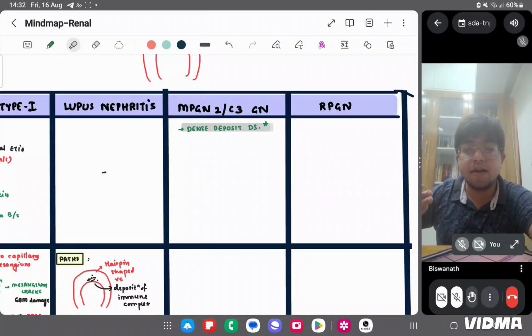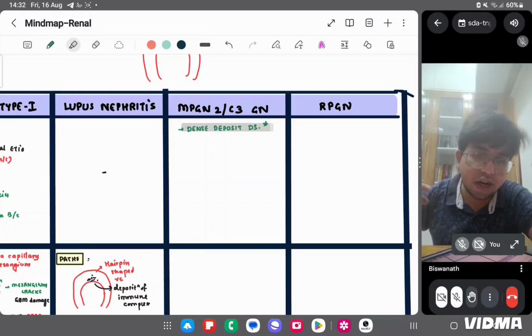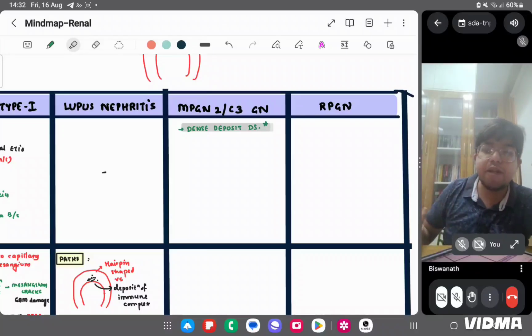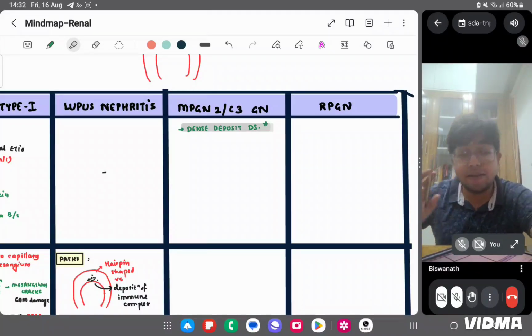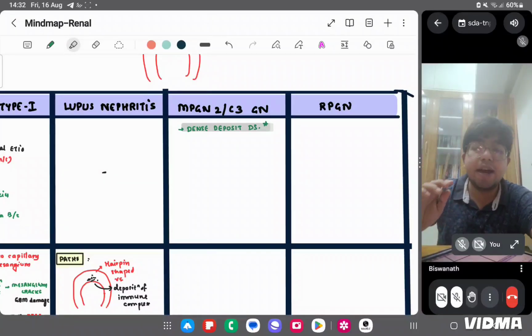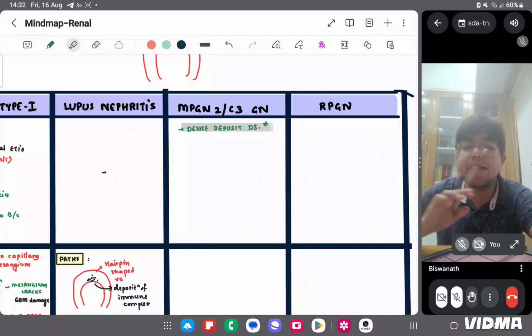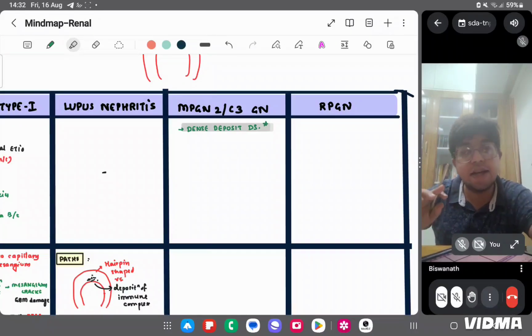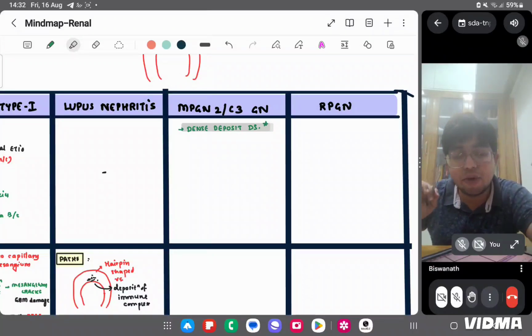Then how will we differentiate it from IgA nephropathy? Because IgA nephropathy was also the same thing. But remember, IgA nephropathy had IgA also present, right? But here there is no IgA. This absence of IgA is the key, and electron microscopy shows an intramembranous dense deposit, due to which it is called dense deposit disease.